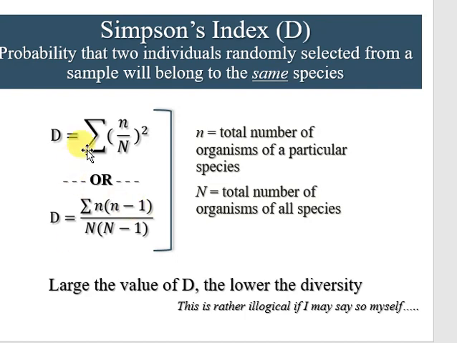You can either calculate it using the sum of the total number of organisms of a particular species divided by the total number of organisms of all species squared, or you can take the sum of the total number of organisms of a particular species times the inverse, so little n minus 1, divided by the total number of organisms of all species times the total number of organisms minus 1.